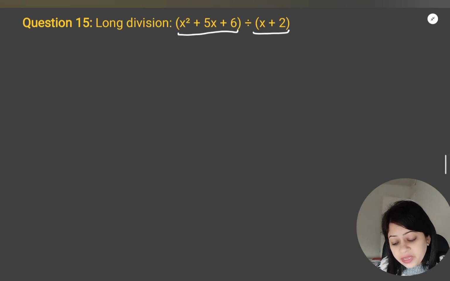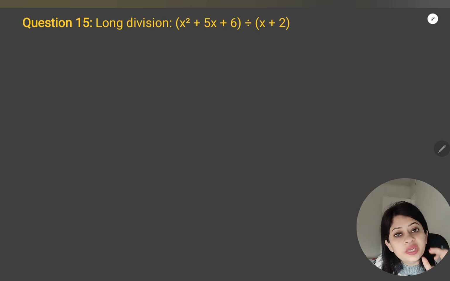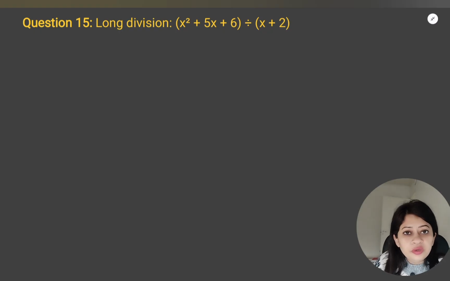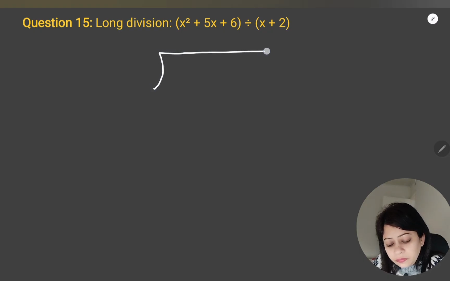Here we are dividing with a binomial. So whenever you get such questions where you need to divide with a binomial or trinomial, you use this long division method. And usually in grade 7 you don't have such questions. This is like a grade 8 or grade 9 question, but still I will explain it if you are preparing for Olympiad.